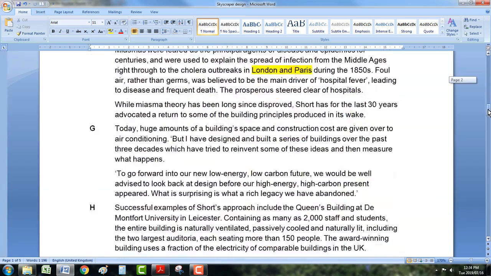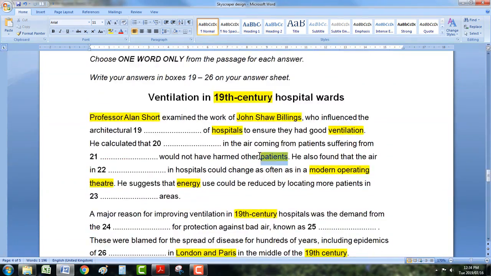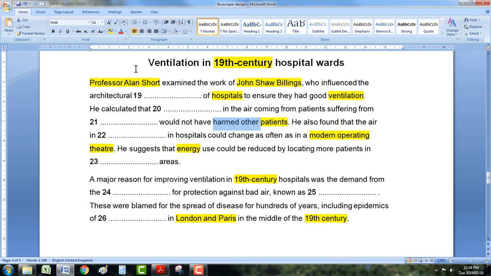It's just which sentence now. And the thing is, patients ends up over there. I think I saw other patients even. It was other patients. And there's harm, I saw harm. So that's definitely this whole thing over here, harm other patients. So that tells me, that's the last sentence of that.